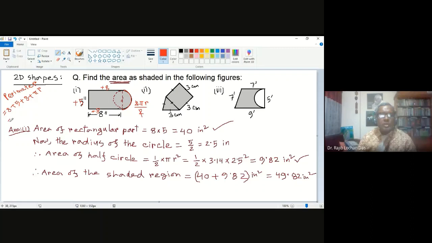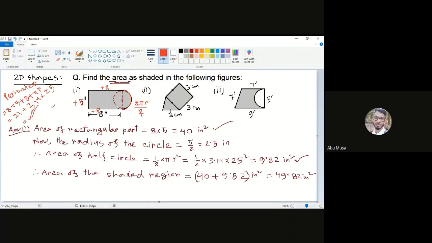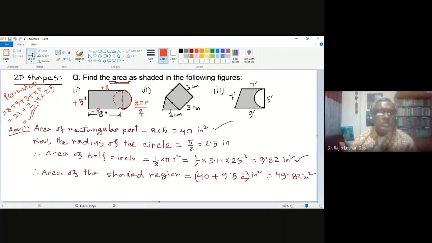So you will calculate pi into r. 8 plus 5 plus 8 will be 21, and then pi into r will be 3.14 into 2.5. So the answer will come. 28.85. Okay. Is that okay? Clear?